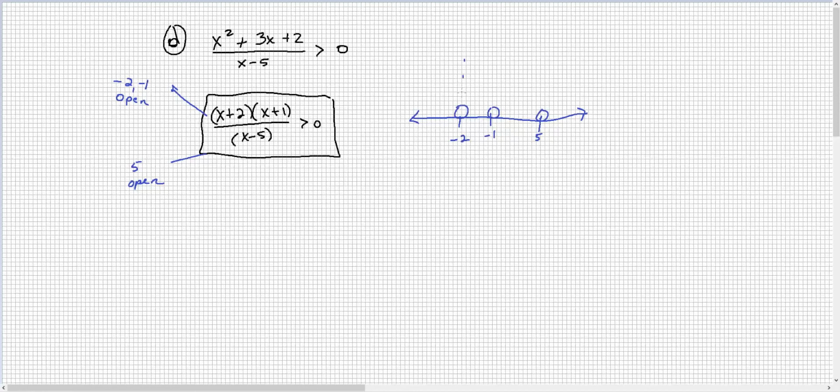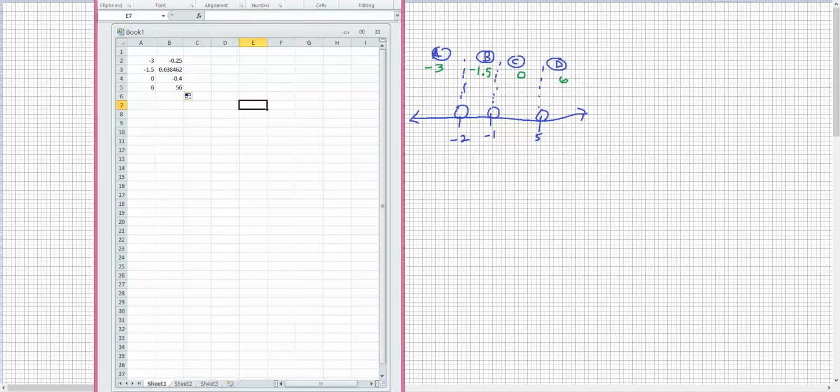Now I've created several regions. I can do dashed lines. We created A, B, C, and D. And I have to pick numbers. So I'll pick a -3. In between -2 and -1, it's going to be -1.5, 0, and 6. Alright, so I'm going to run the testing for this one.